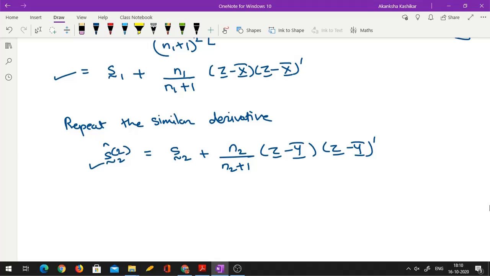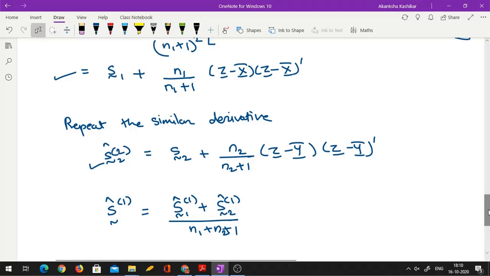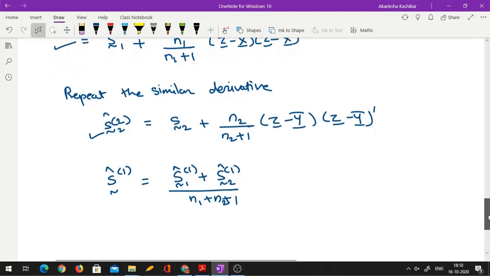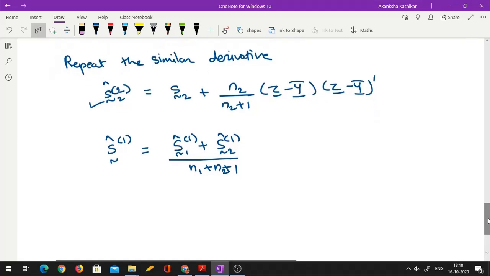And that's why our final estimate of the CSSP matrix under the first hypothesis would be S1 under the first hypothesis plus S2 under the first hypothesis upon N1 plus N2 plus 1, correct? We have to divide by the total number of observations, because we are in MLE, we are not subtracting 1.